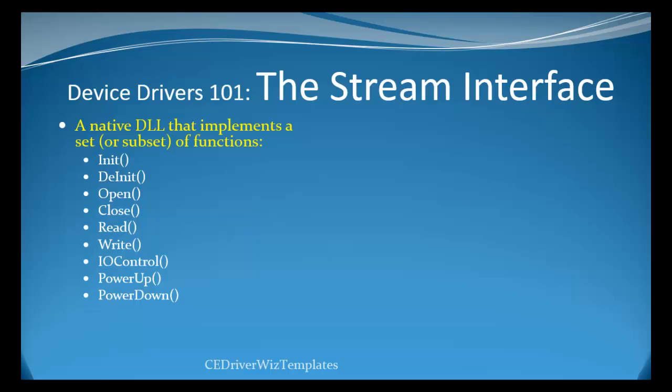There are some of these functions that are optional, in particular the power up and power down functions, which can be implemented. Generally though, you might find that power is actually implemented as an interface through the IO control function.